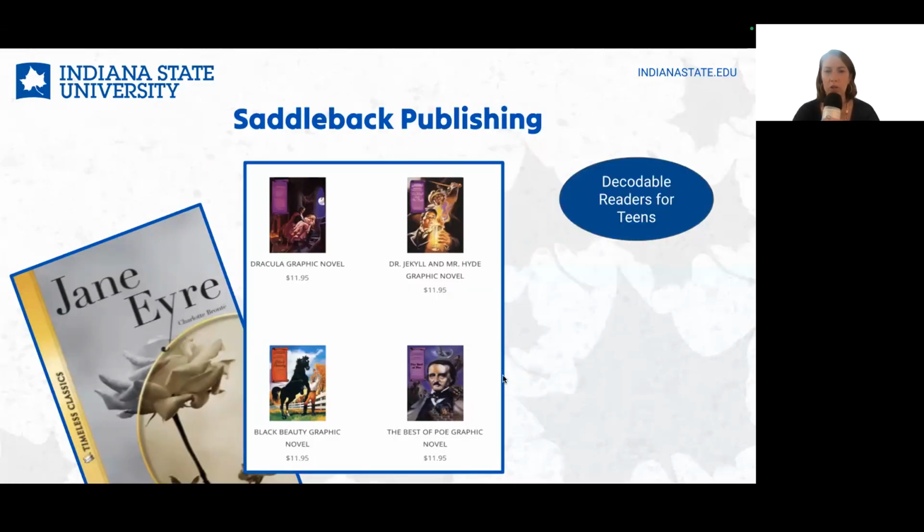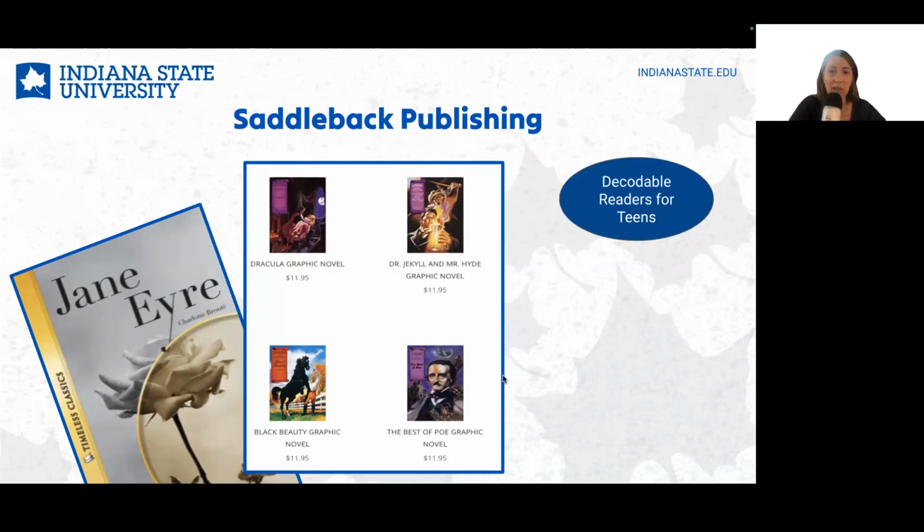I wanted to mention a resource, and that is Saddleback Publishing, because these resources are very difficult to find. Decodable readers for teens. I mentioned at the beginning of the session the difference between Lexile leveled readers and decodable readers. So decodable being working on those skills that I can practice and sound out.